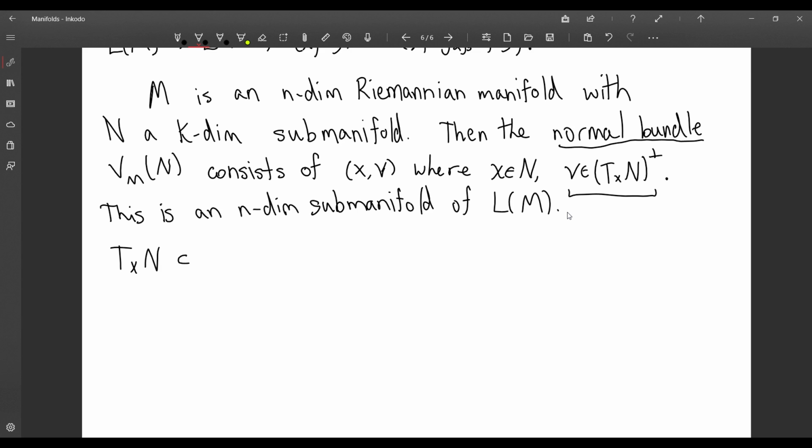So this sits nicely in T_x M. It's just a k-dimensional subspace of the n-dimensional vector space T_x M, right? And so there are n minus k dimensions worth of the orthogonal space, which is the space of all of the vectors which basically go outside of this tangent space.